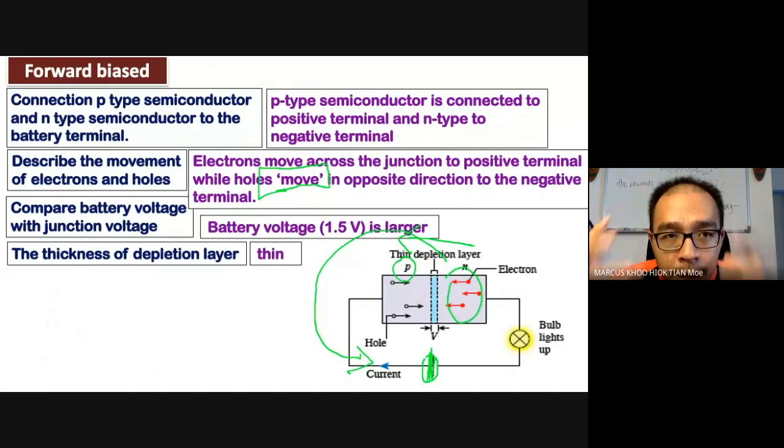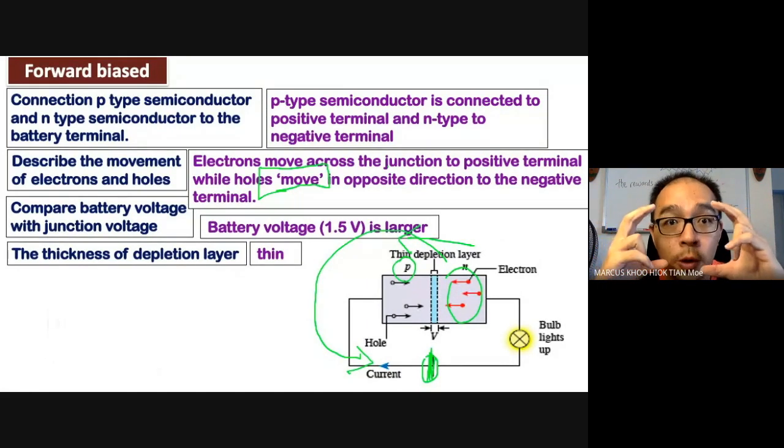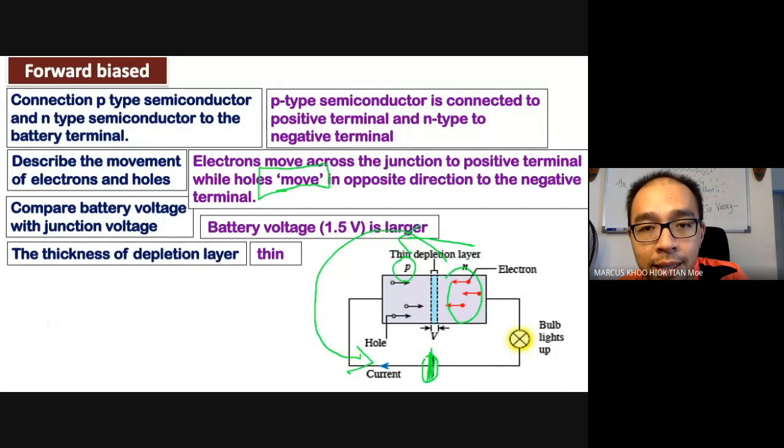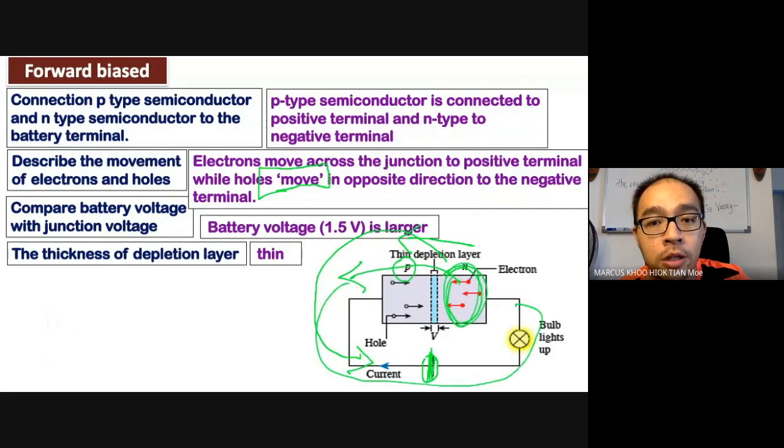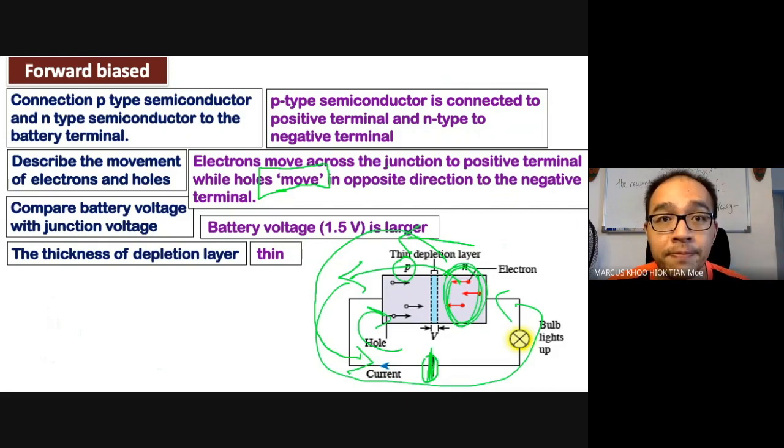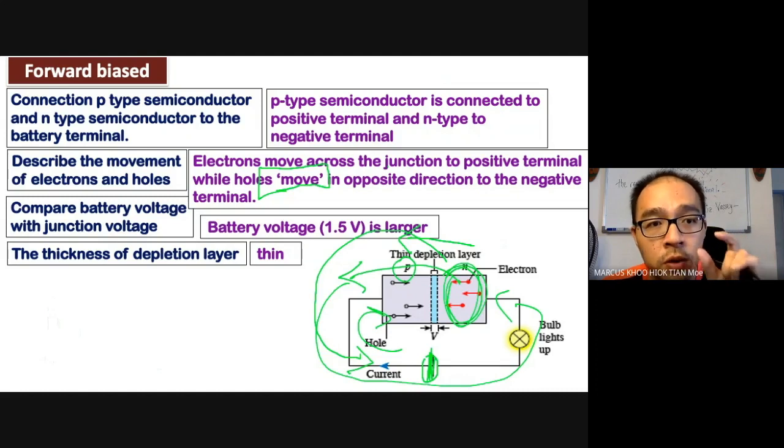But when we supply the diode with voltage and put it in forward bias, we are giving these electrons enough energy to cross over the junction voltage and to allow current to flow. Remember, current can only flow if the electrons are moving in the opposite direction. And so the junction voltage has become smaller, and that's why the depletion layer becomes thinner.